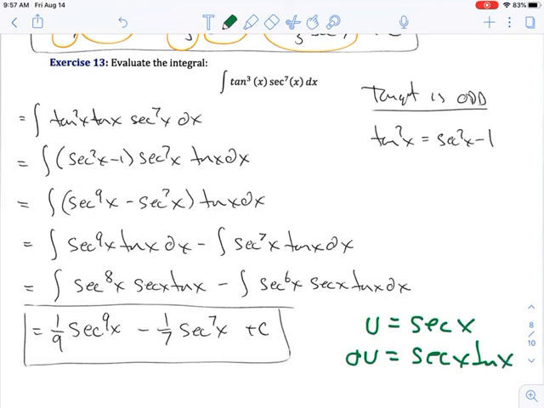That's what we're shooting for. So when tangent is odd, we start by factoring out a tangent. We're going to use our identity again. So we break tangent cubed into tangent squared times tangent. Bring that tangent out to the end. Substitute in this here for tangent squared.